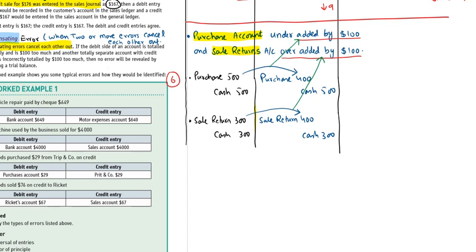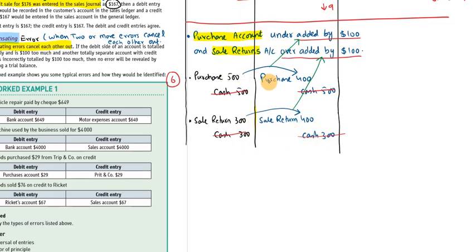As you see, the original cash credited by 500, and we correctly recorded cash by 500. So there is no error in the cash. So we can cancel the cash.